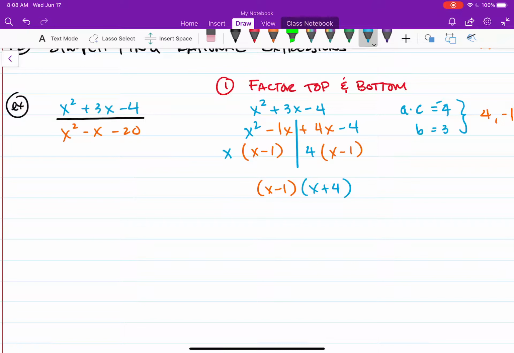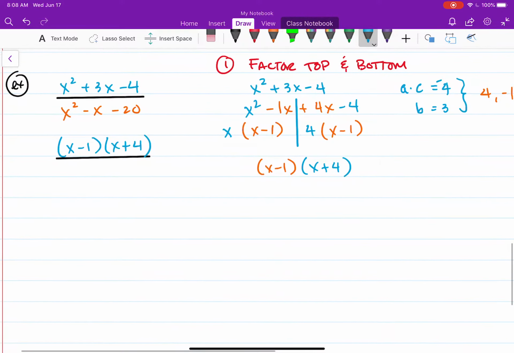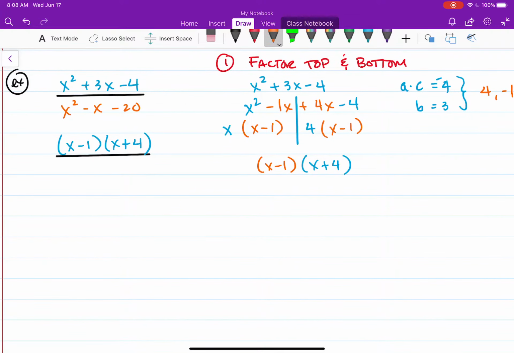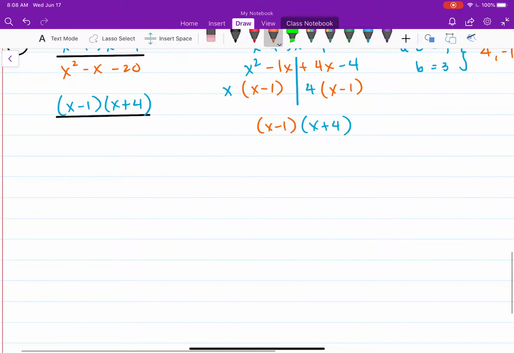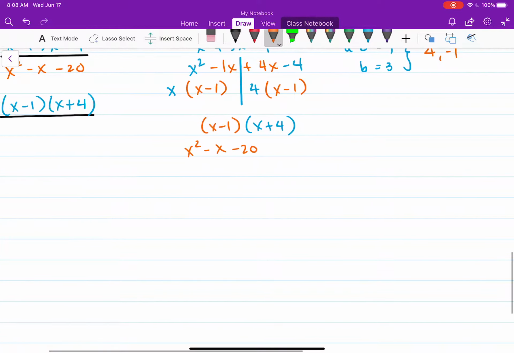So let me do this really quick. Draw this line. So my top side is going to be x minus 1, x plus 4. Okay? So now I got to factor the bottom, and the bottom is in orange. So I have an x squared minus x minus 20.